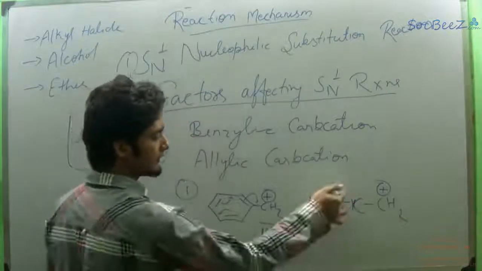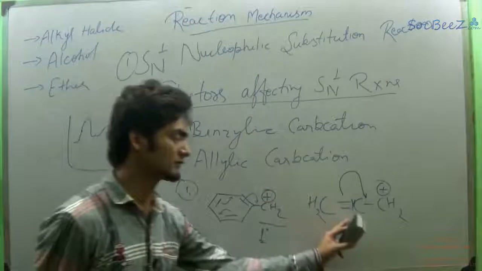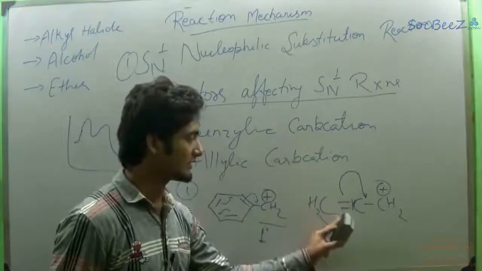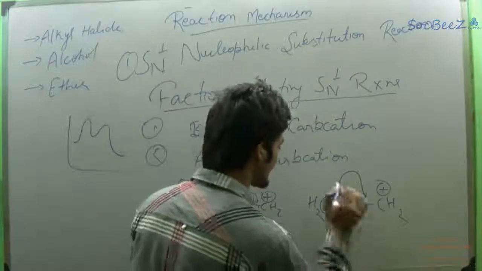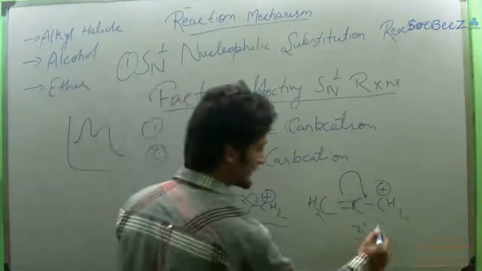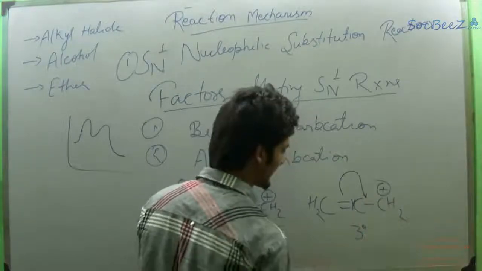Here, this will be stabilized by the mesomeric effect of this double bond, making it much more stable even than the 3-degree carbocation, even if this is only a 1-degree carbocation.